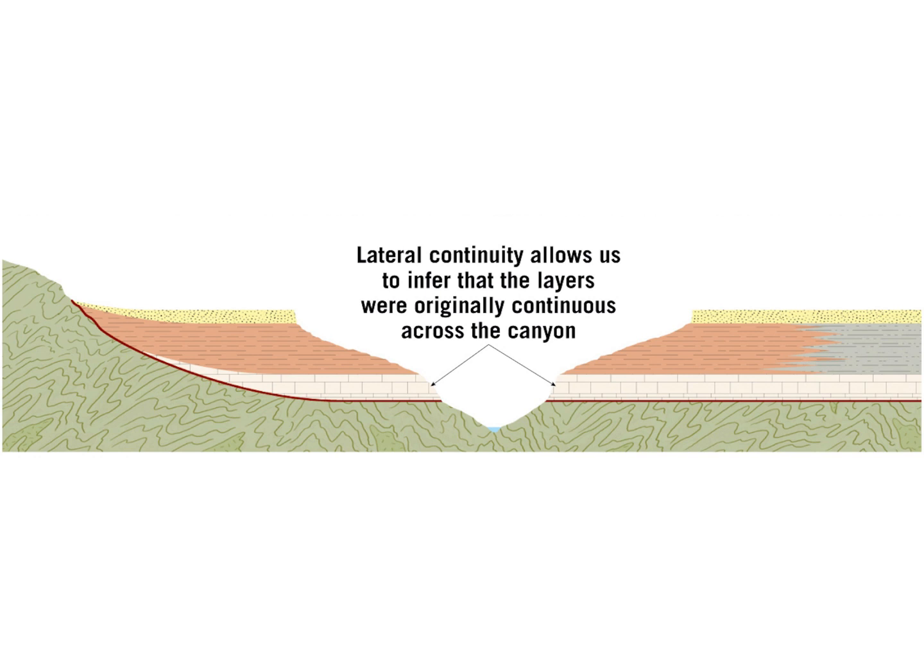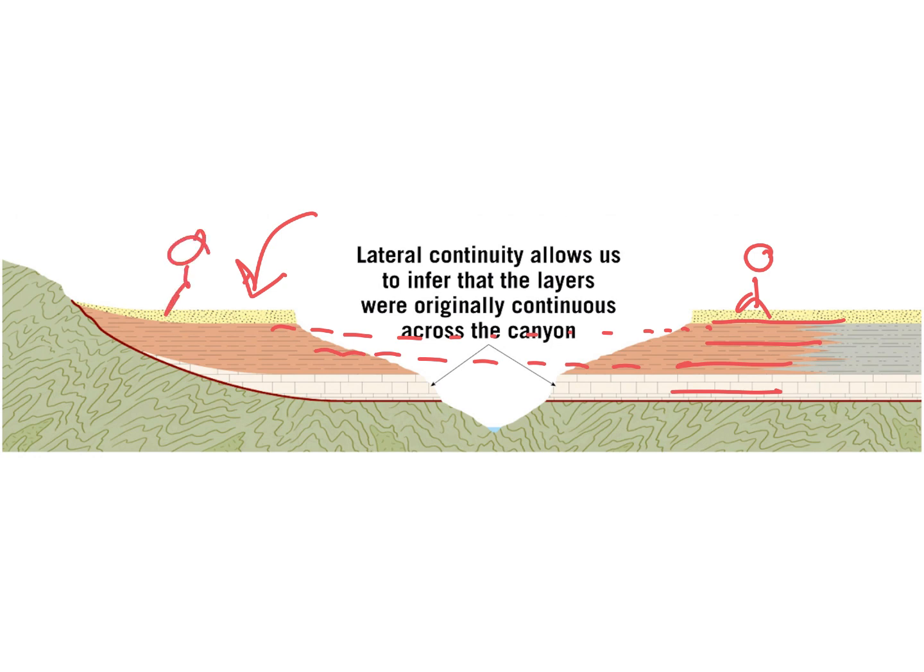So that means that if we are over here on the edge of a canyon and we want to know what is going on over here, if we're standing on horizontal sedimentary layers, we can assume that they are the same layers that were over here or will be over here when we eventually get over here to look at them.